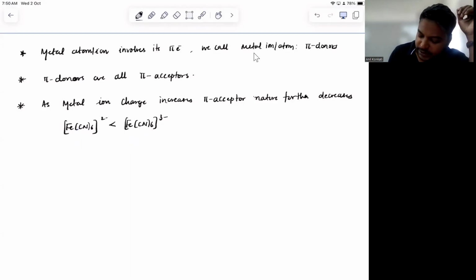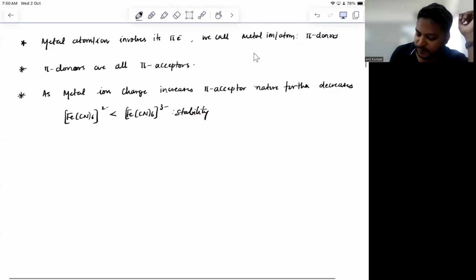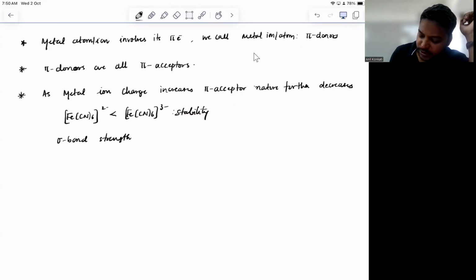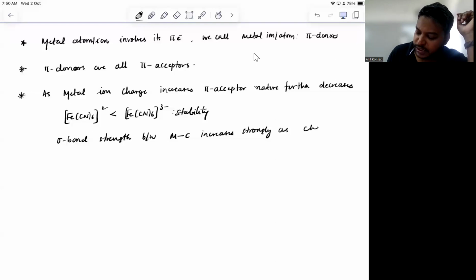Stability wise, this is the stability. But if you compare the amount of back donation here, that will become weaker. But what increases is the sigma bond strength between metal and carbon, which increases strongly as the charge on the metal increases. So keep this in mind.